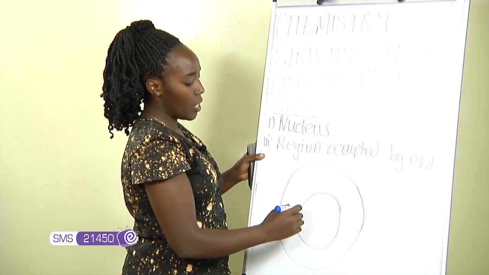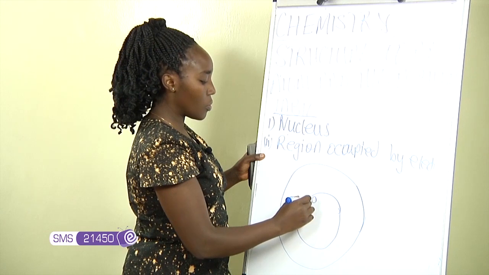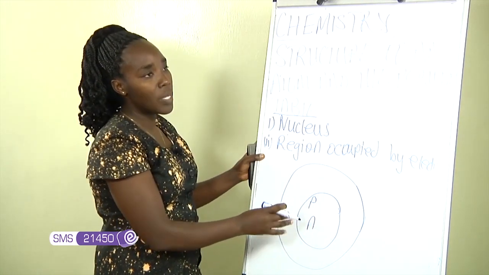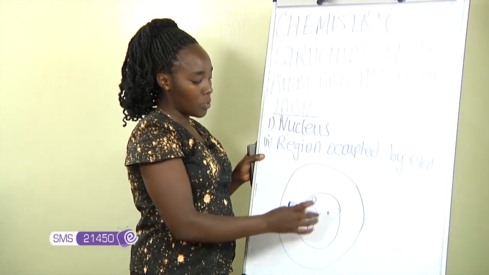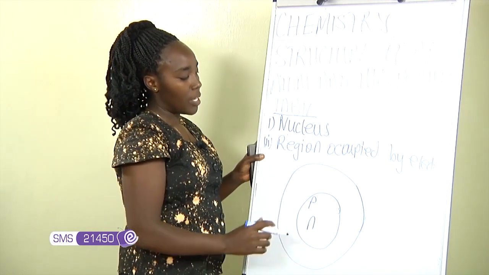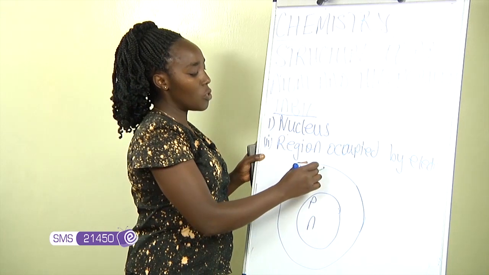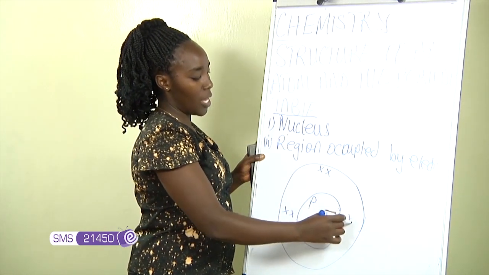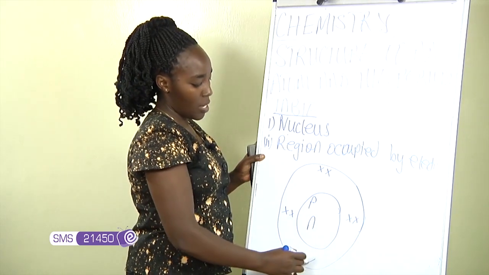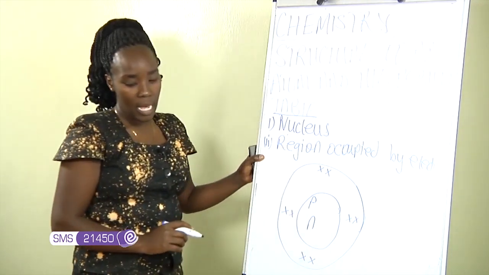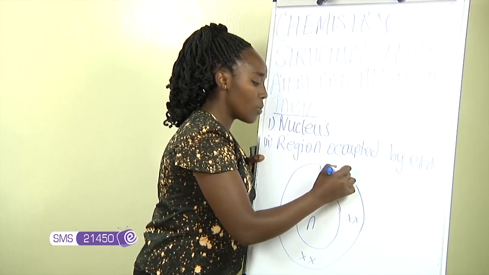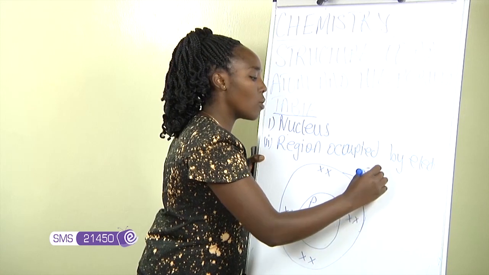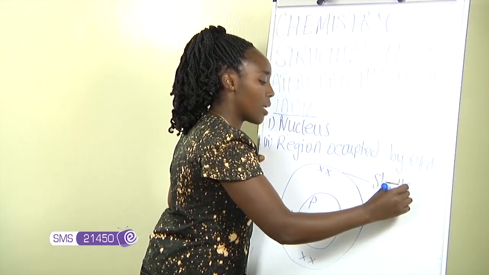The nucleus comprises of protons and neutrons. So the nucleus has always an occupation of the protons and the neutrons. The outer region is occupied by electrons. The electrons are usually to the outer sides of the nucleus in an atom. These ones to the outside is where we have the flow of the electrons. We call them the shells of an atom.